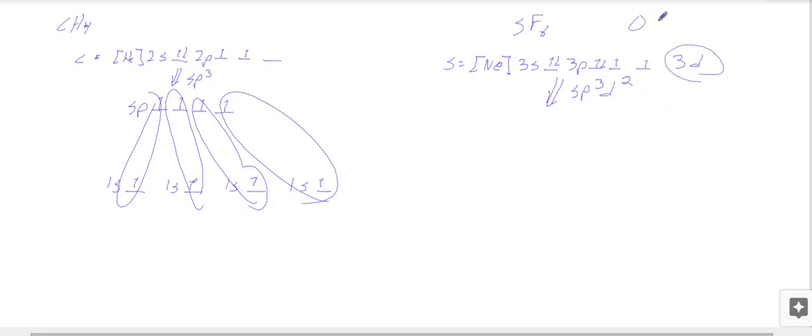Oxygen would not be able to do this because oxygen is in the 2nd energy level, and the 2nd energy level does not have a d sublevel yet. So we end up with sp3d2. So we have 1, 2, 3, 4, 5, 6 valence orbitals and 6 different sites to do bonding.